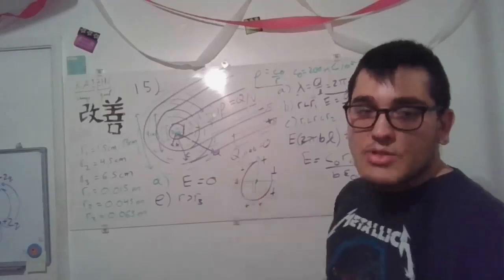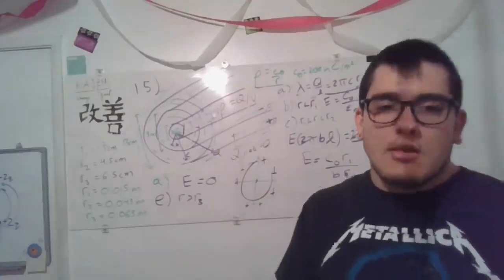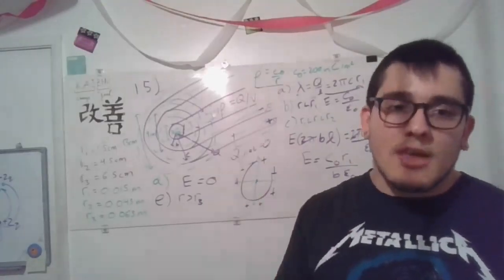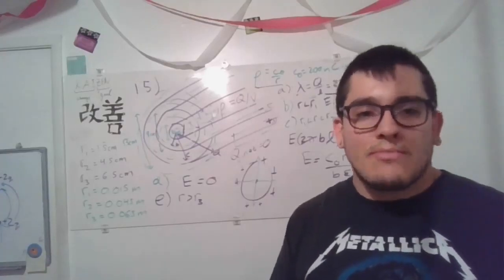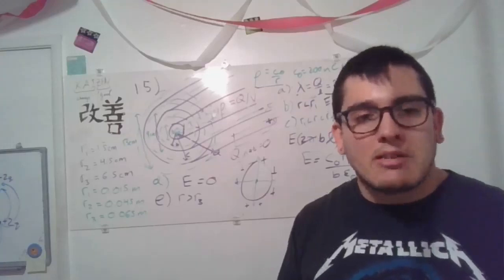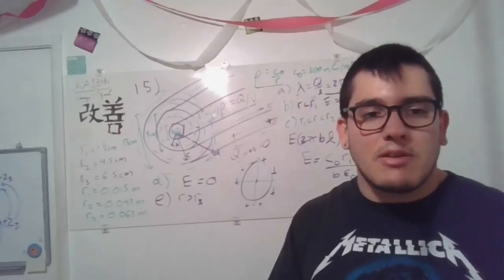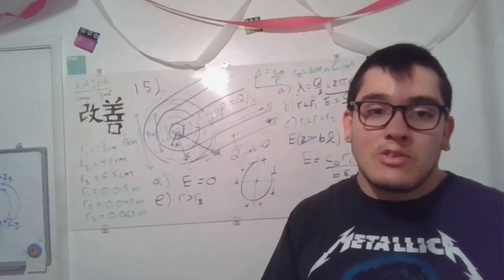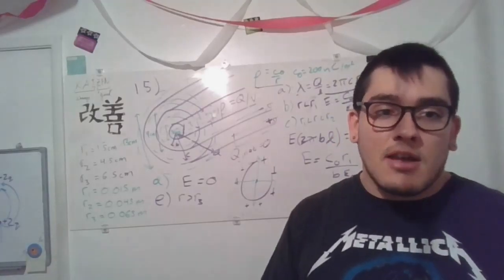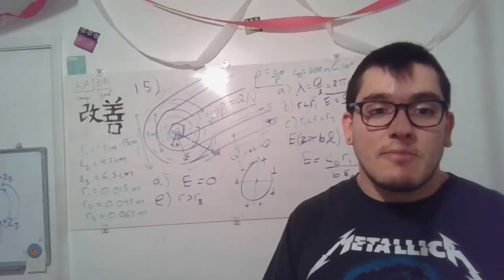So that's the example that would show you that the electric field is zero inside a conductor. But on the exam, that's just something you're expected to know by now. It's a property of conductors that the electric field is zero. That's why if lightning strikes, you can be inside your car and you won't get electrocuted.